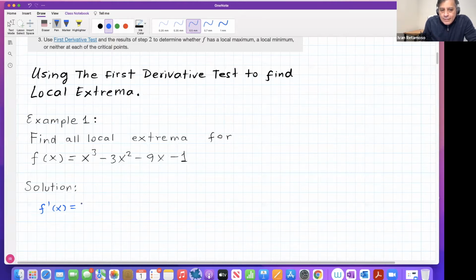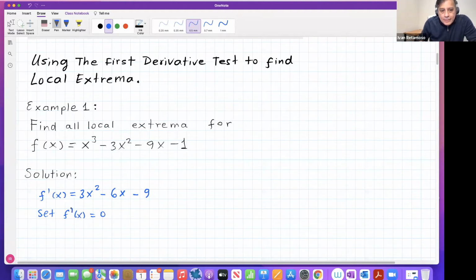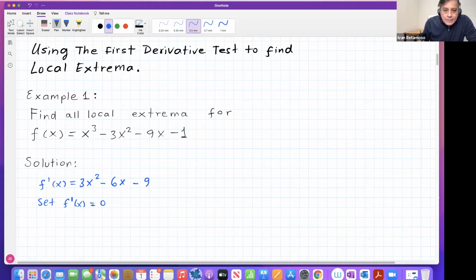It's going to be 3x squared minus 2 times 3, 6x, minus the derivative of 9x, which is just 9. Good, this is our derivative. Now, next I have to set my derivative equal to 0 in order to find the critical points, right? The critical points are the input values such that the derivative is 0, right?